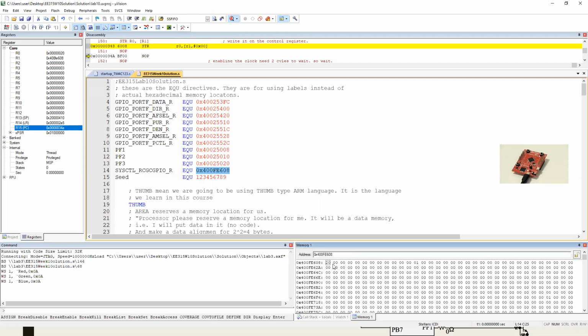Actually, in these 4 hexadecimal bytes, you are seeing the ingredients of the SysTick control register GPIO. So you can observe these control registers in the memory watch, just like you are watching the memory, although you guys know that they are not the memory, they are memory mapped control registers. Any questions?